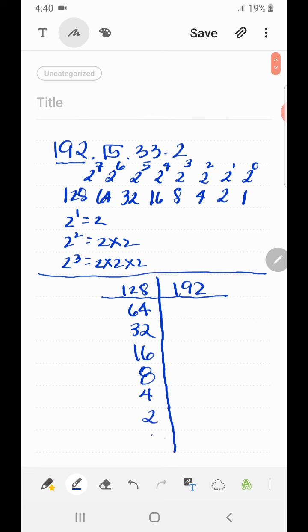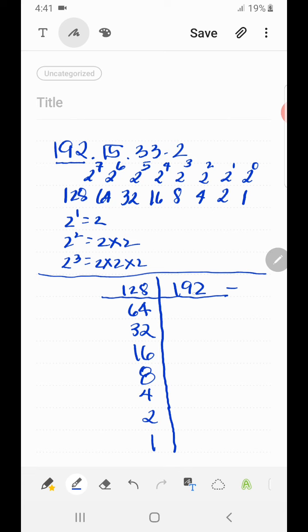On the other side, we will be writing the binary value if it can have a group of this given number on the left side. So for example, 128 and 192. Since we can see that 128 is less than 192, we can get a group of 128 in 192. So that will be one group.